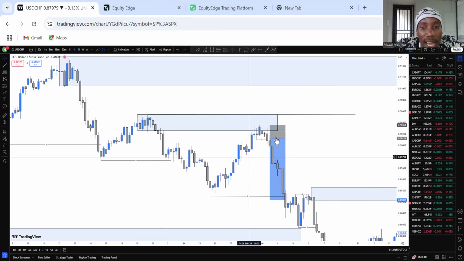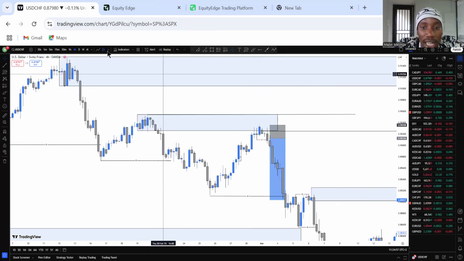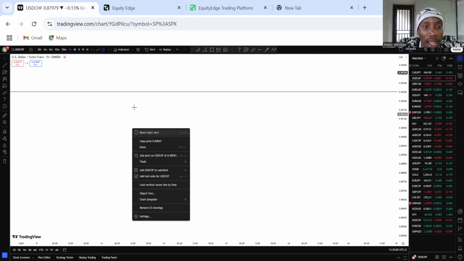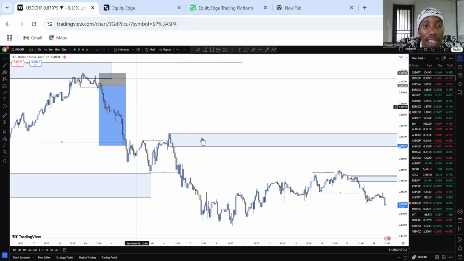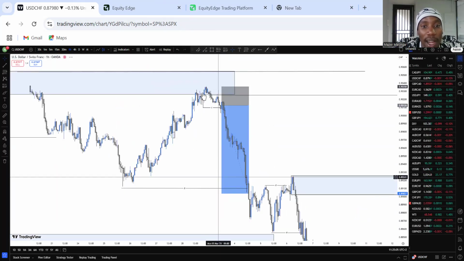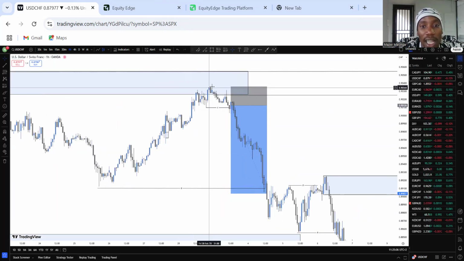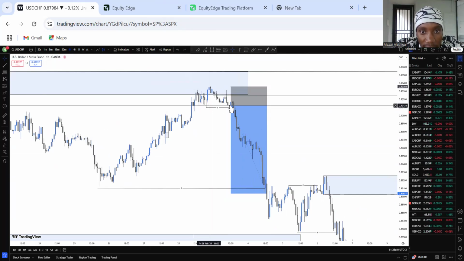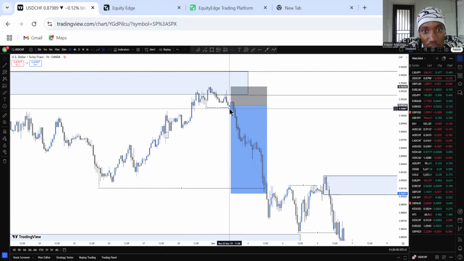After coming here, I waited for a clean change of character on the lower time frame. I waited for a change of character on the lower time frame after a break of structure, and then the market came here. And then again, after changing of character, after the closure of this candle, I ended up entering after the market closed here.